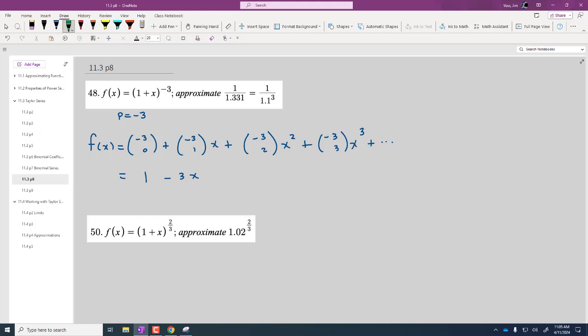Then we come over here and do a little work on the side. -3 choose 2. In the bottom we have a 2 factorial. In the top we start with -3, and then we subtract 1 repeatedly until we get to 2 factors, so just one time. This is going to be 6. So there is our coefficient of the square term, 6x squared.